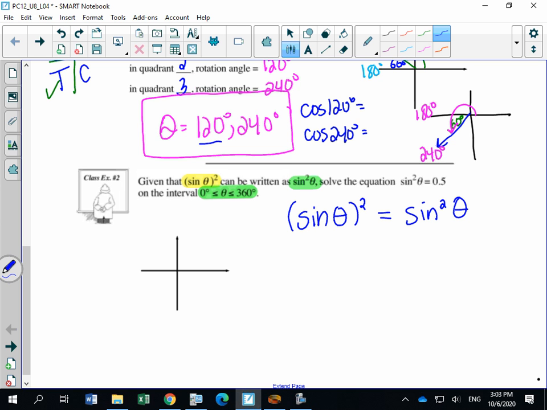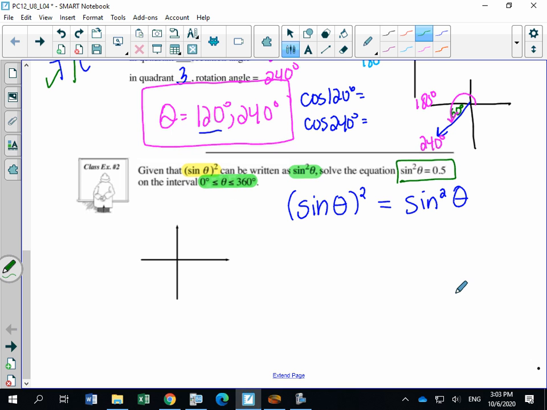So first thing I just want you to realize is that sine theta squared is equal to sine squared theta. Now that we know that, let's take this and write that equation. So the sine squared theta is equal to 0.5.